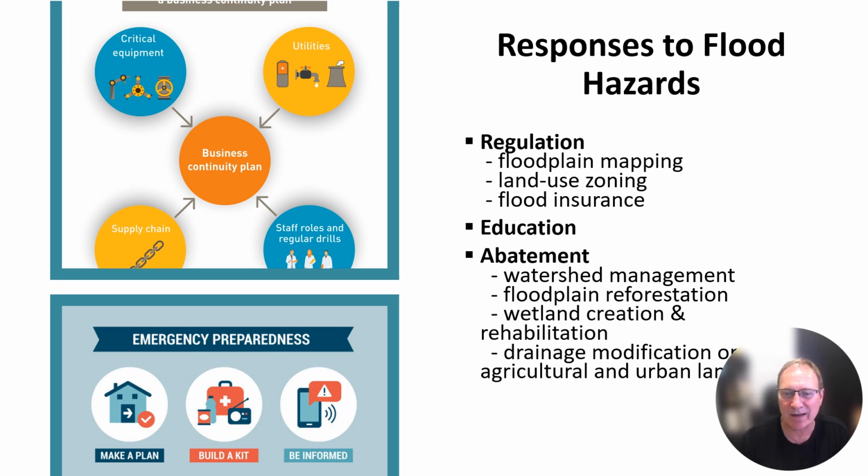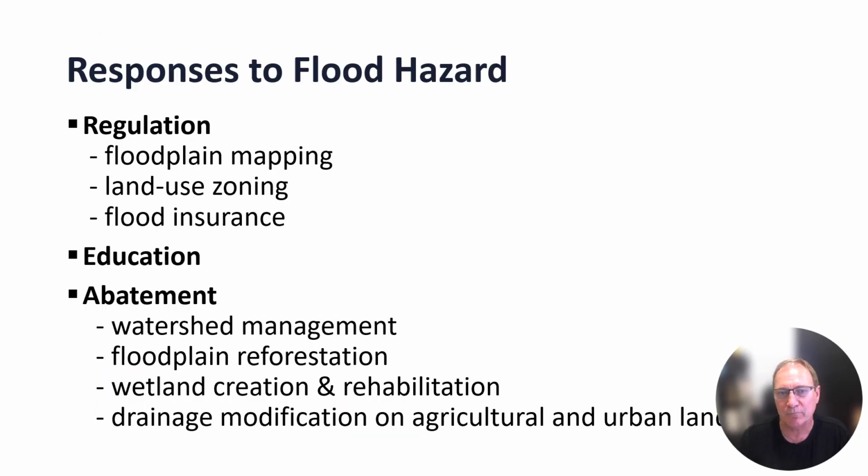Again, if we think back to that graphic, if there's no place for the water to go, the flooding can occur very quickly and really quite profound in a short period of time.